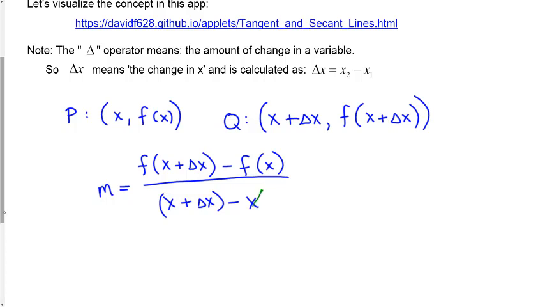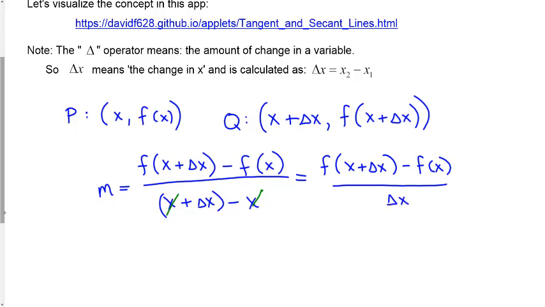That leaves me with f of x plus delta x minus f of x all over delta x. You should recall this from a previous section when we talked about the difference quotient.